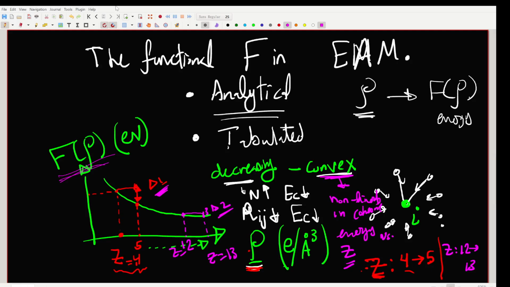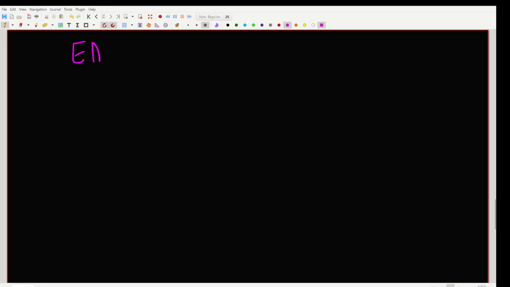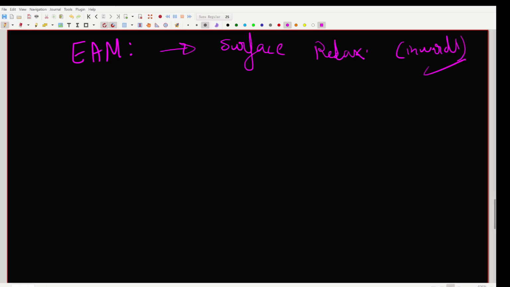Now, if you go to the next page, we can say that with the embedded atom method, you actually solve many problems. For example, you solve the problem of surface relaxation. Surface relaxation with the embedded atom method is inward, and it's correct in comparison to pair potentials. You solve the problem of vacancy formation energy, where the ratio between the vacancy formation energy and the cohesive energy in an absolute sense is less than 1, around 0.3, and that's also correct in the embedded atom method.